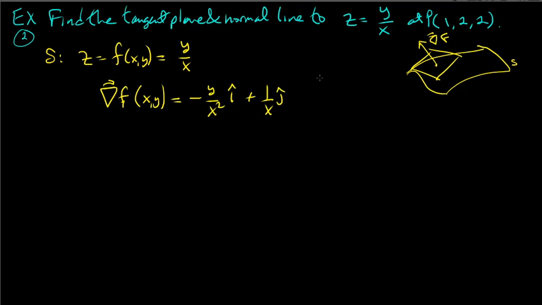Why won't this work? So remember, we need our capital F, not little f. Capital F is a function of x, y, and z. And the gradient of that function will be a vector with 3 components, right? Because it's a vector in space. This vector here is a vector in space.